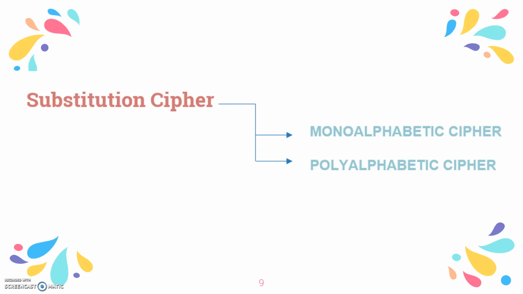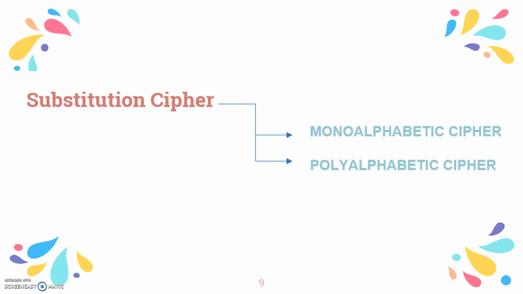The units may be single letters, pairs of letters, triplets of letters, mixtures of the above, and so on. A substitution technique is one in which the letters or numbers or symbols of the plain text are replaced by other letters, numbers, or symbols. The receiver deciphers the text by performing the inverse substitution.